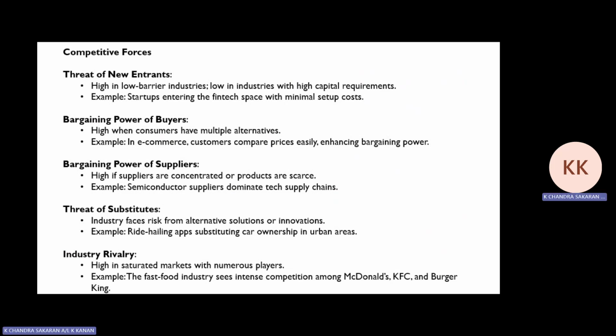And those companies who are not making any changes, it remains a threat to them and they may be out of business. You understand or not? So when you talk about firms, these are important things that you have to relate to. Okay, what are the threats? For example, the threat of new entrants. If your industry is easy to enter, that means in the long run, the long run profit will be normally what?